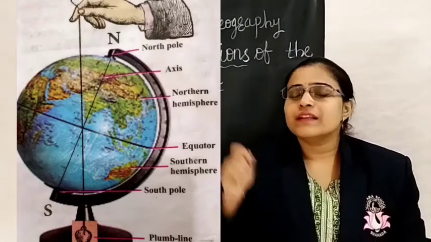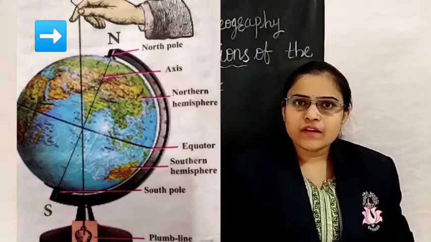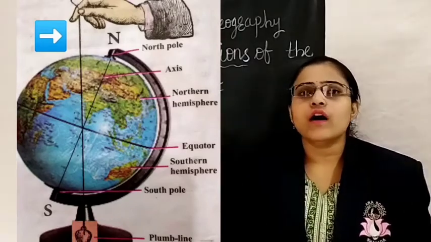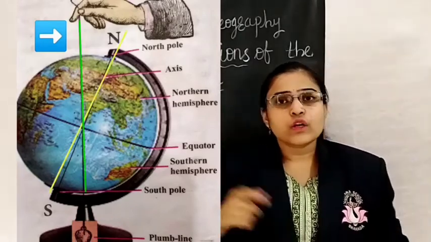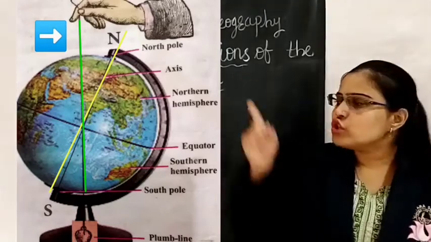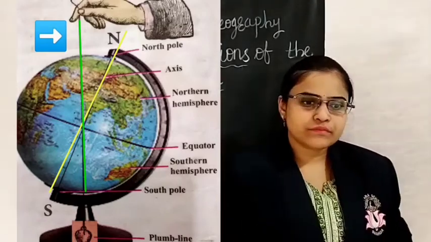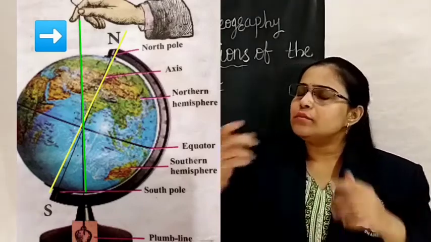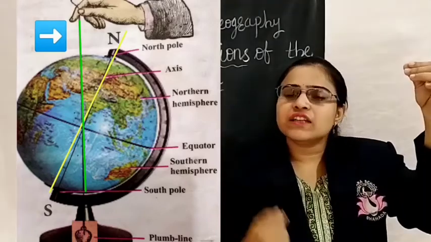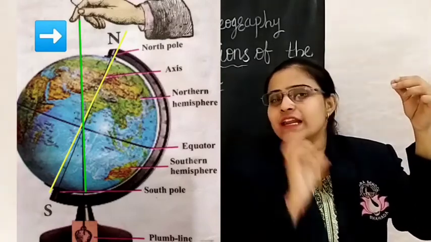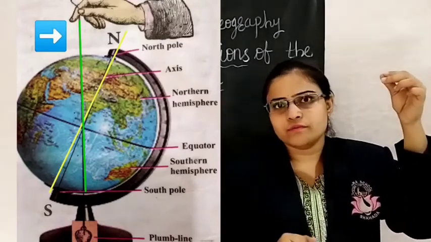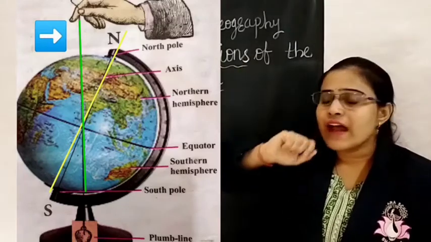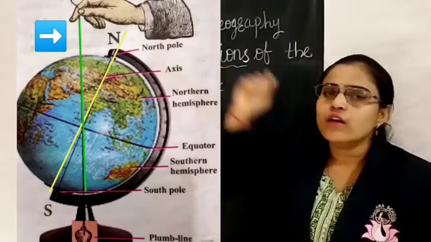Now take a plumb line and hold it close to the globe, as shown in the picture. If we don't have a plumb line, then we can simply take a thread and tie an eraser at the bottom, and take that close to the globe.